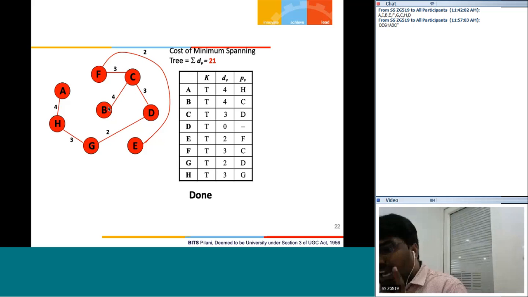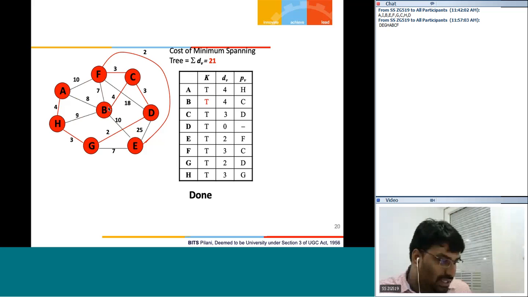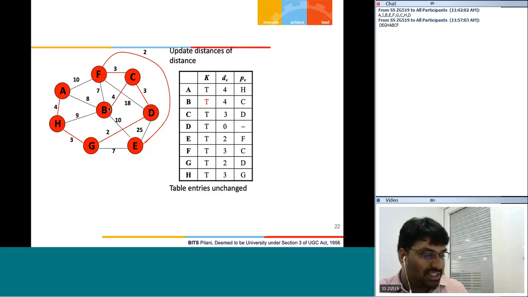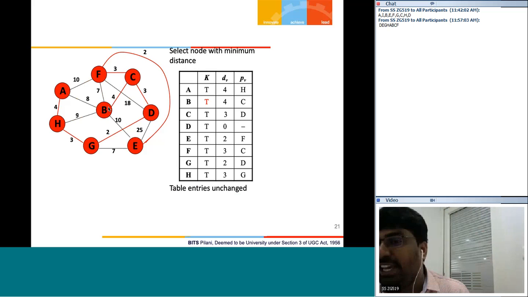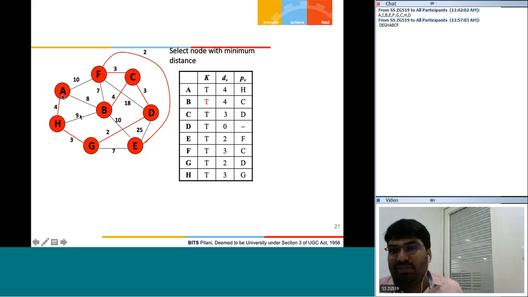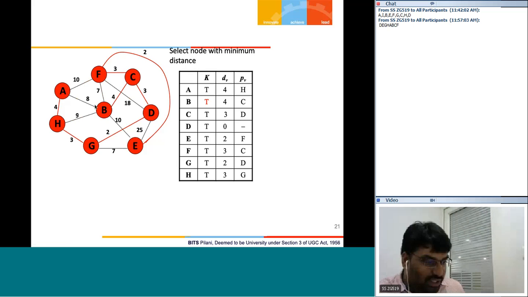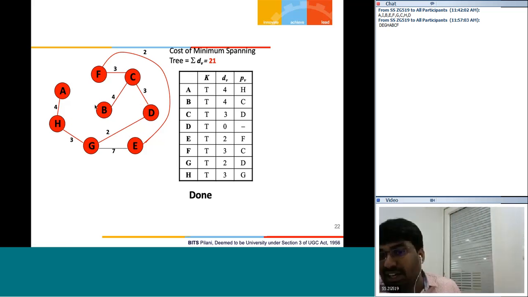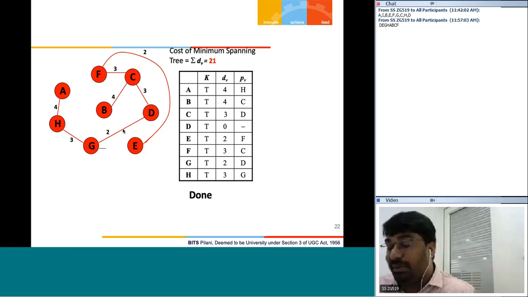For example, if you see B's and A's both values to H, if you take A from H, or this value also got updated, your path will change. So instead of this diagram, something else could have come, but the total cost will always remain 21. There can be multiple MSTs, but the cost will always be 21.